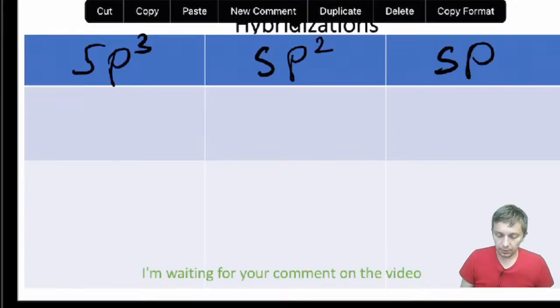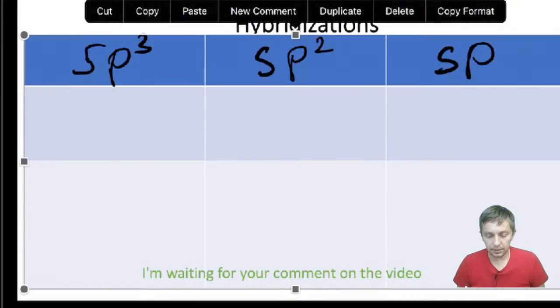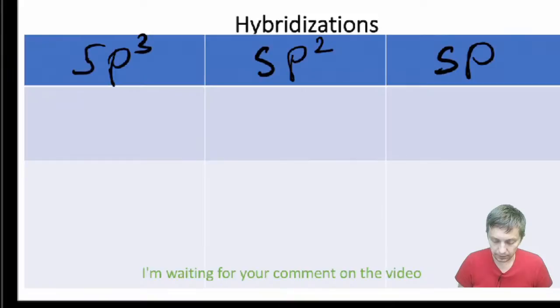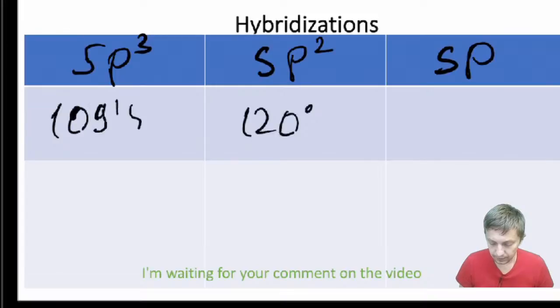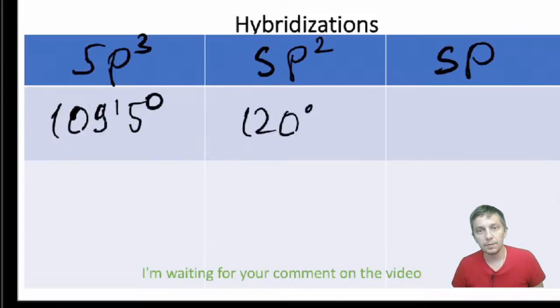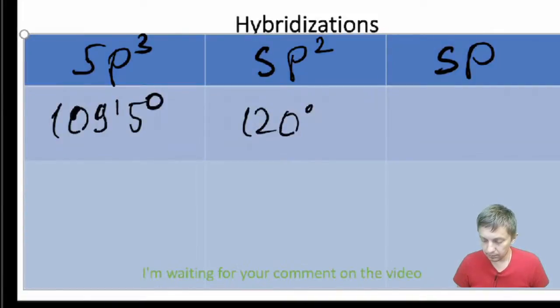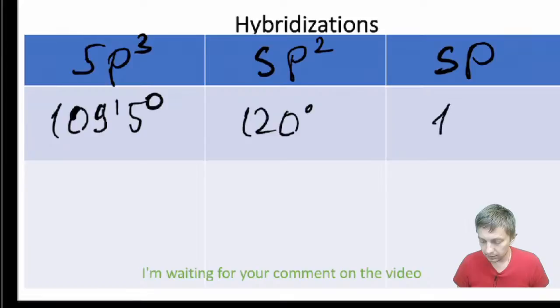If we are talking about angles in SP2, we have angles 120, and a plane structure. 109 and a half is if we're dealing with SP3 hybridization, and if we're talking about SP, the angle will be 180.